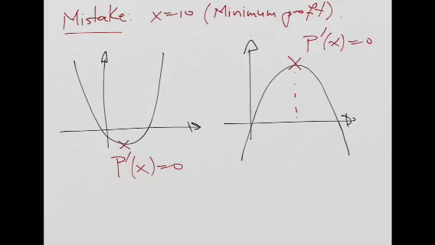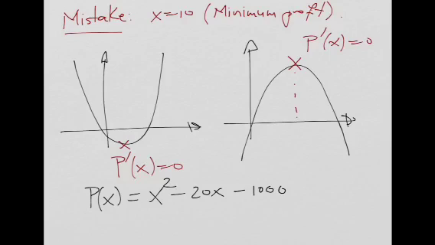Yeah. What I have to pay attention to is the coefficient of x squared, right? I found that the equation of the profit was x squared minus 20x minus 1000.